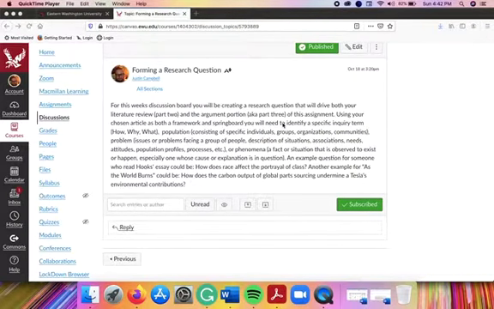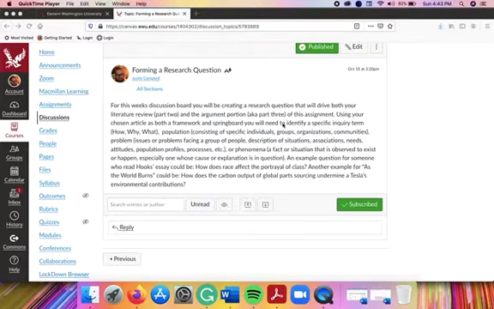Or you could make the inverted argument of, no, we don't need electric cars because the fossil fuels that are used to make the parts used in an electric car far outweigh what an electric car does. There's tons of arguments to be made there.